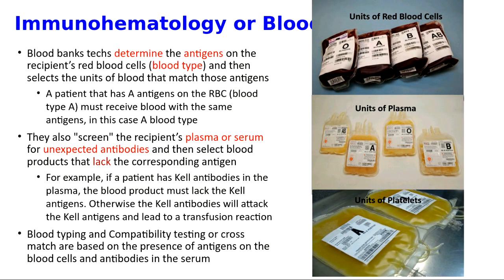Another part of the compatibility testing includes looking for other unexpected antibodies that may be found in the patient's serum or plasma that might attack and may cause a problem with some of the most common antigens that are found on red blood cells.